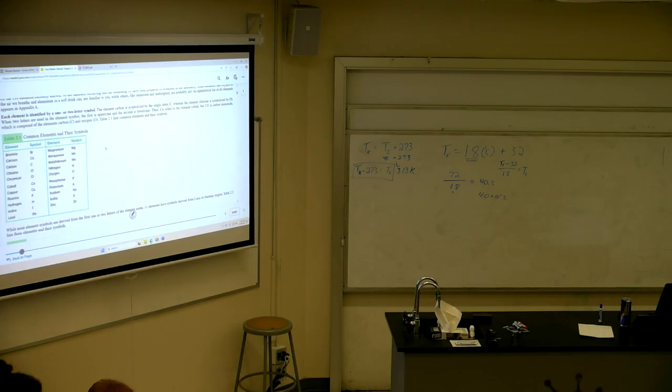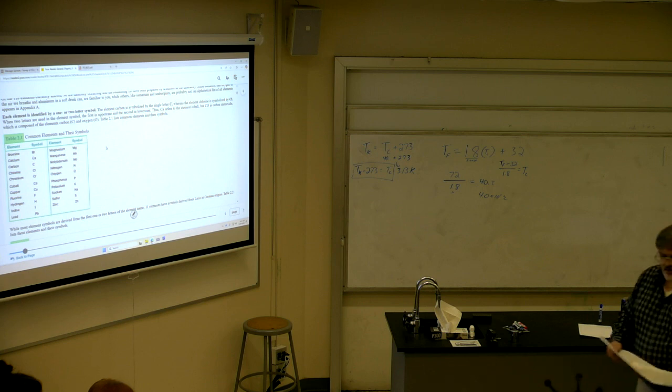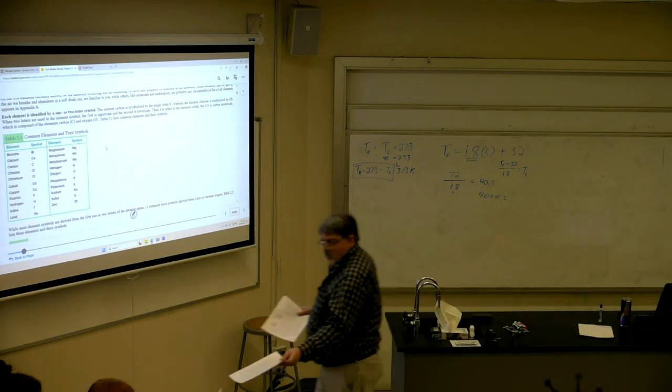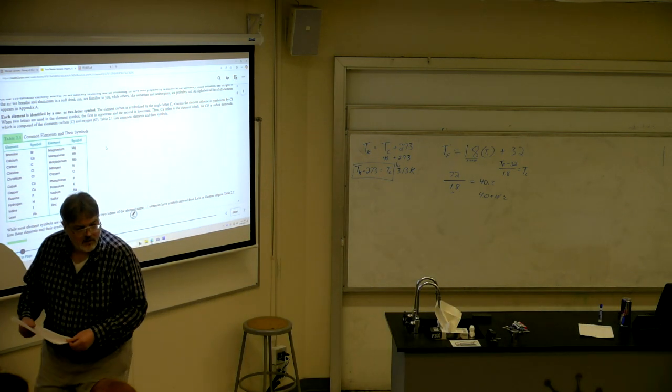So take a look at this. Even if you had never taken a chemistry class before, you've heard of the periodic table. I bet you recognize the shape. But the reason the shape is the way it is, towards the end of this chapter, we'll talk about why we would organize them in the rows that way.